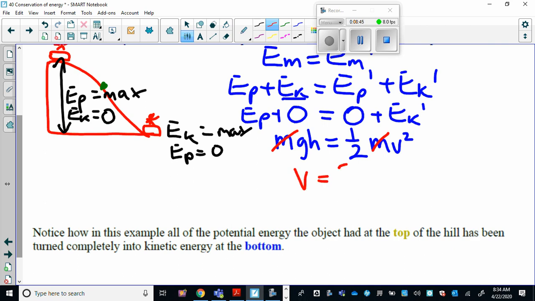v equals the square root of 2gh. And then you can plug those numbers in: 2 times gravity times the height. 2 times 9.81 times the height, which is 23.7, equals, and the square root of that number is 21.6 meters per second.